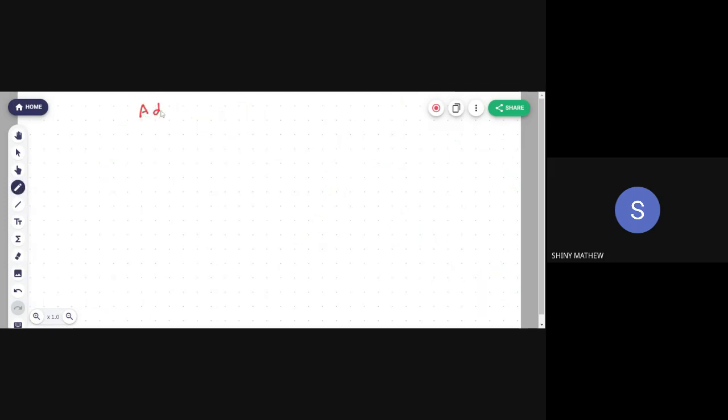So give the heading adjacent angles. And after you draw this way the two angles. And you can give the name of that arms as OA, OB, OC. And this angle is angle 1 and it is angle 2.